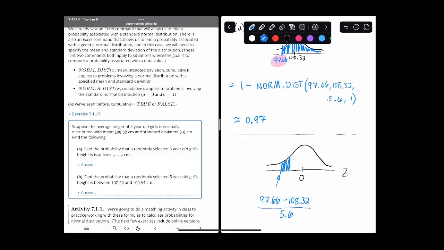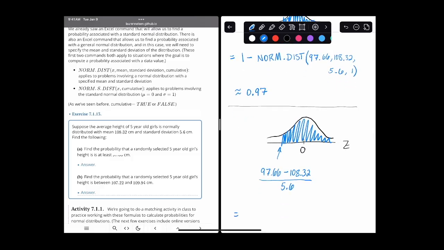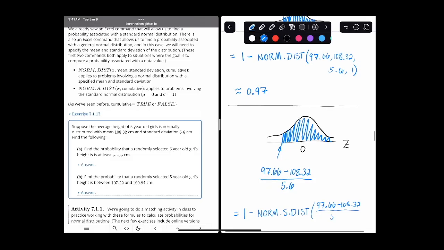And so I would be looking to the right of that z-value. So something that I could have done in Excel is do 1 minus norm.s.dist, and then instead of plugging in the 97, I would plug in the z-value. So whatever it is when I do 97.66 minus 108.32, this is getting very big, over my standard deviation. And in Excel, if you're typing all of this in, make sure to put parentheses around everything in that numerator. And then at the end, I would put true.